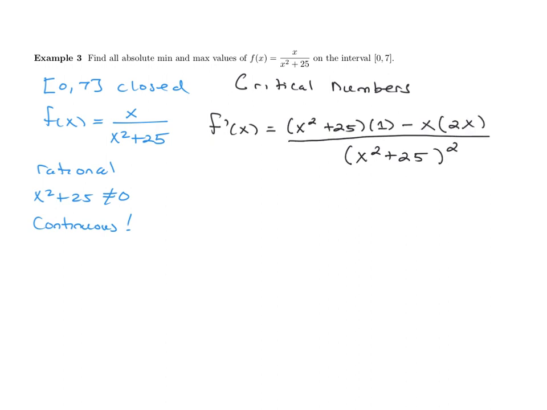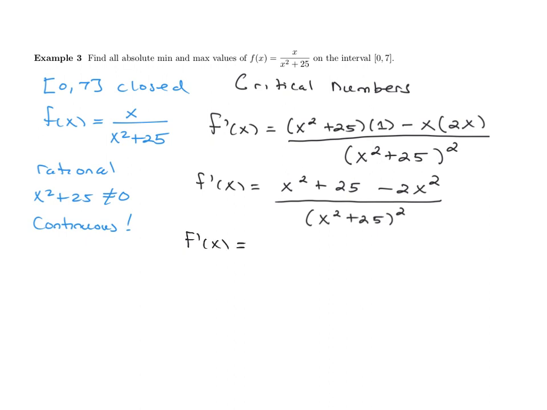Now, the critical numbers of the function f are wherever this is equal to 0 or undefined. And this is always defined, so I'm only going to check to see when this is equal to 0. Let's simplify. f prime of x is equal to x squared plus 25, minus 2x squared, all over x squared plus 25 squared. x squared minus 2x squared is a negative x squared.